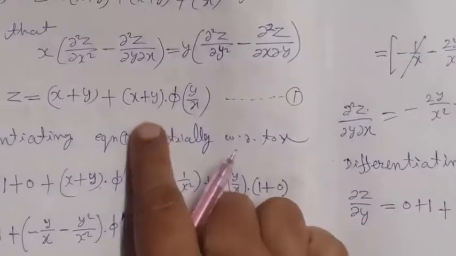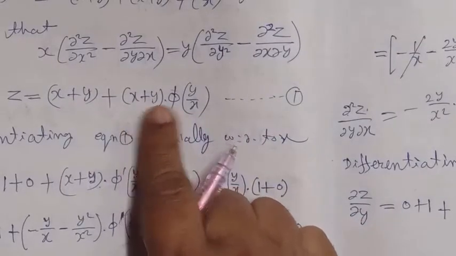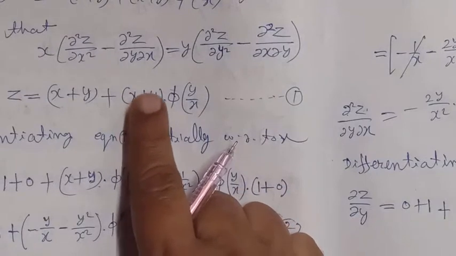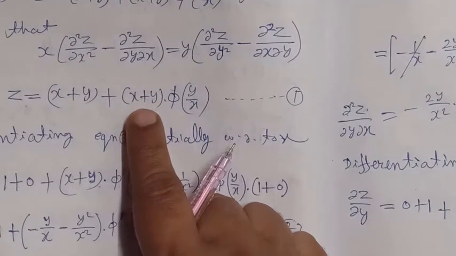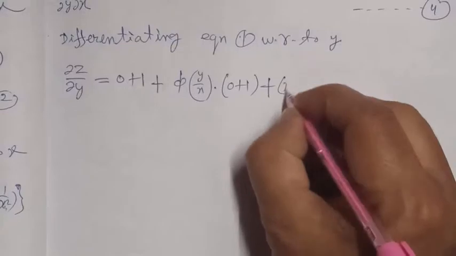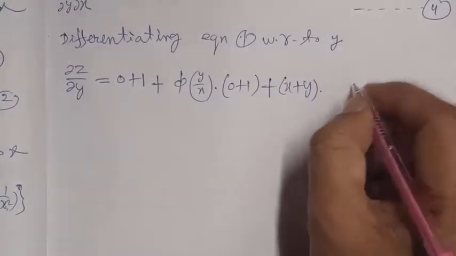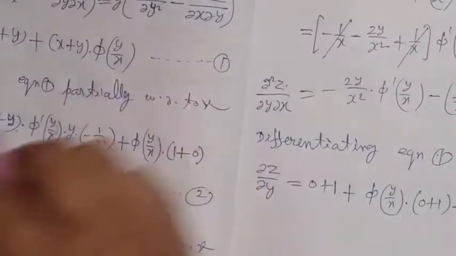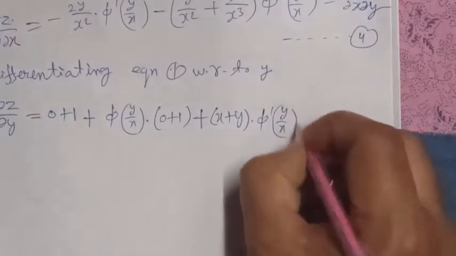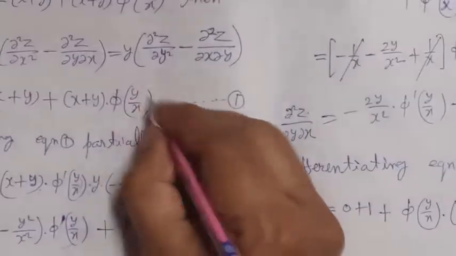On applying the product rule, we write the next term: this term as it is, x plus y, and differentiate the other term, phi dash y upon x, because it is a function of y upon x.